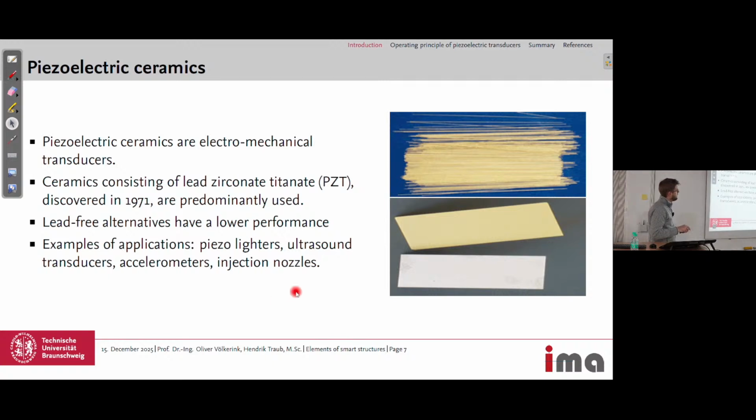And they can have as a semi-finished material the form of fibers and also of thin films or plates. But I think tomorrow we will also have a look into the manufacturing processes in general to give you an impression of how these materials are manufactured.